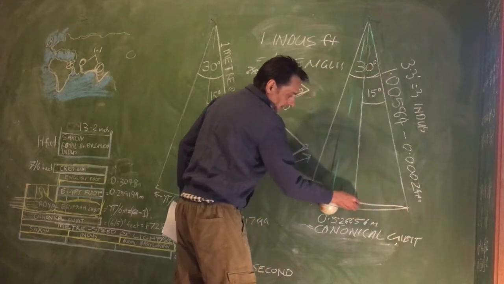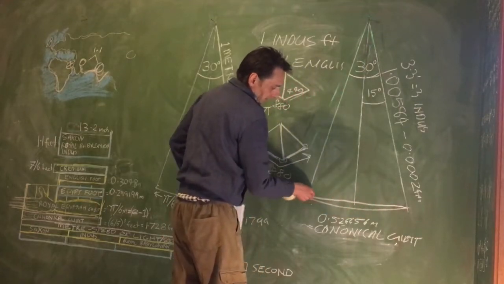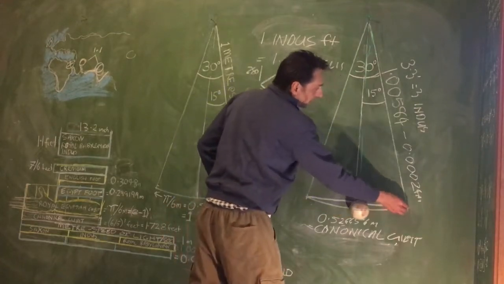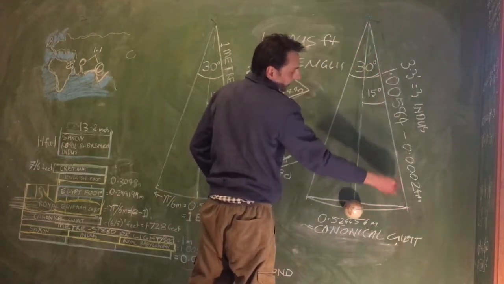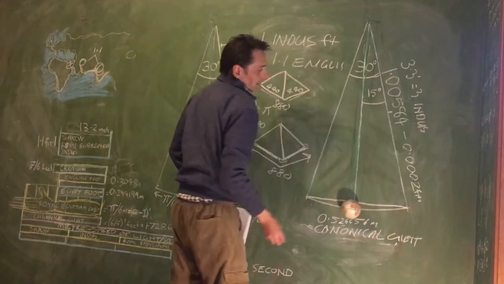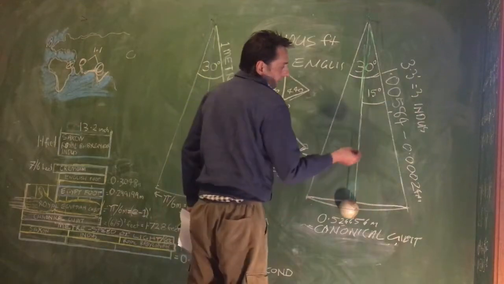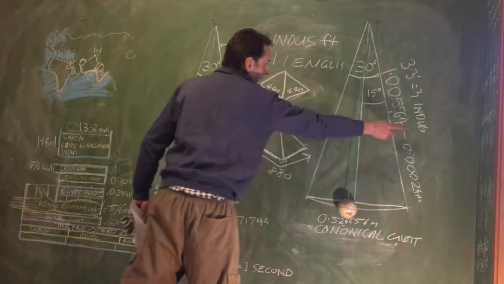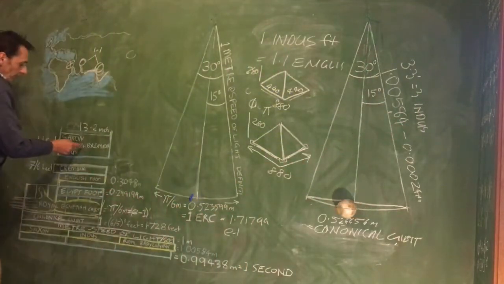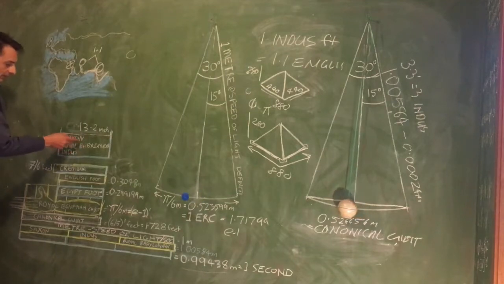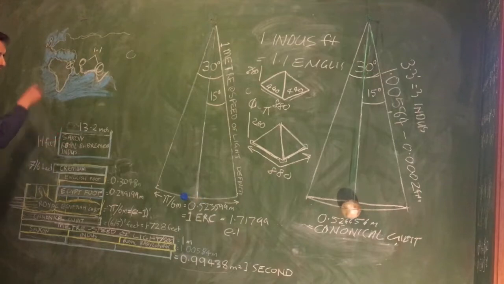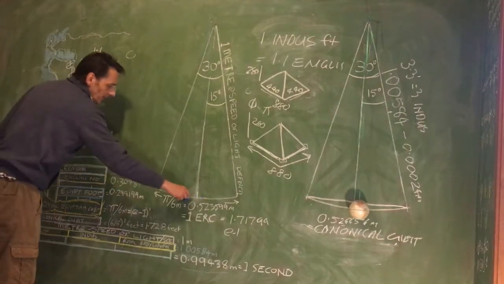the distance from here to here is going to be exactly half the length of that. So the Indus foot is equal to the Royal Babylonian and the Saxon, but firstly the Royal Babylonian foot, Royal Babylonian cubit, which was used to define the Epic of Gilgamesh in the old Tablet 11 and others.